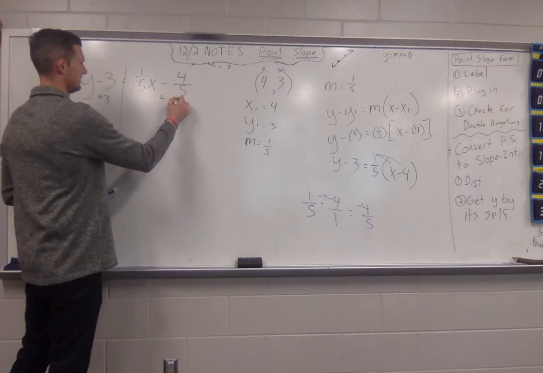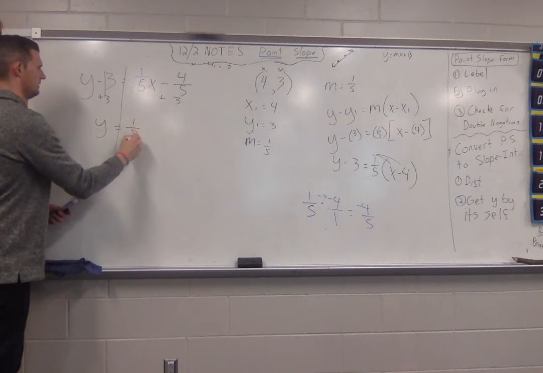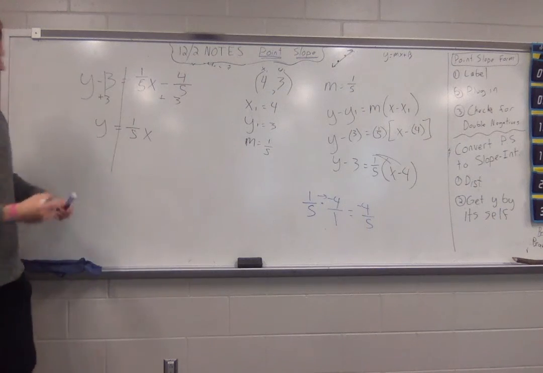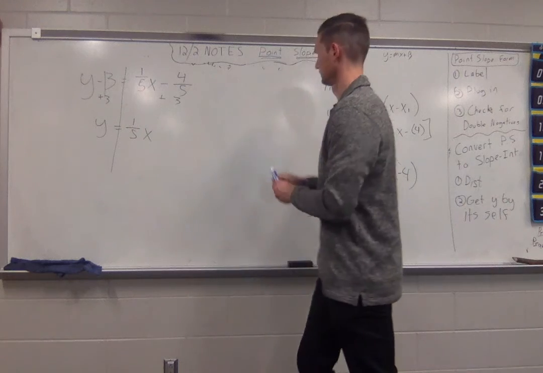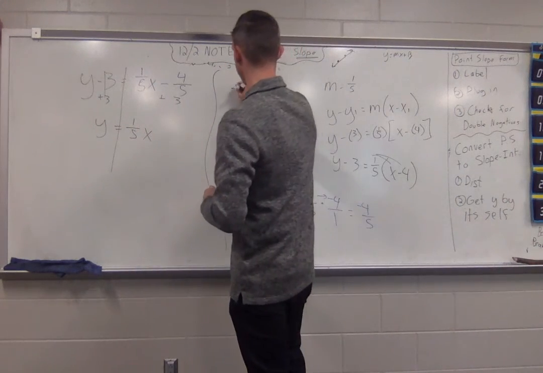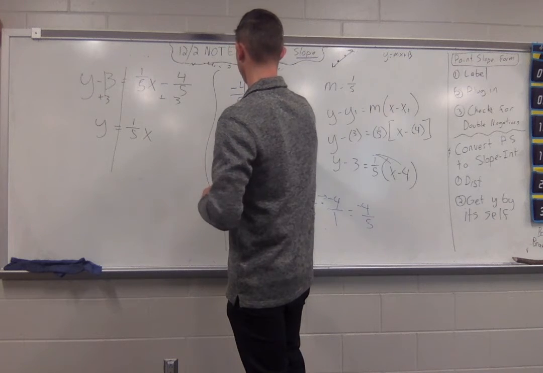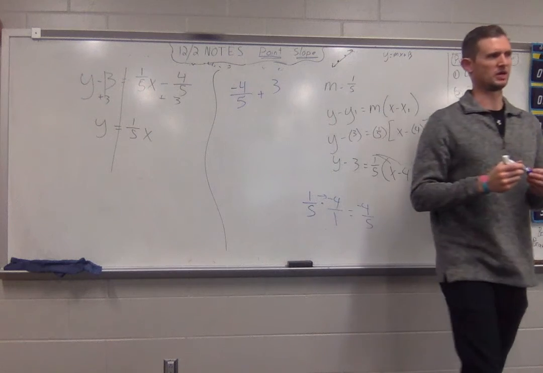+3. Okay, now this one's a little different. Canceling out 1/5 x. So now I have to figure out -4/5 plus 3. Who remembers how to add or subtract fractions?